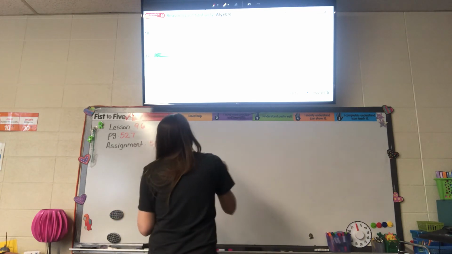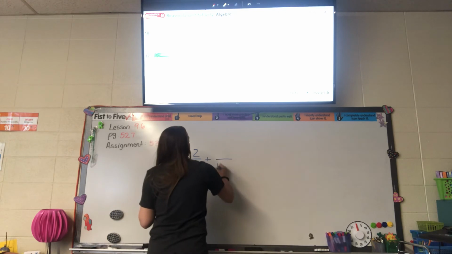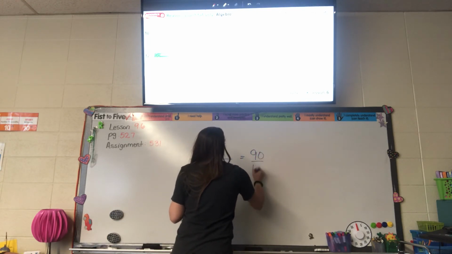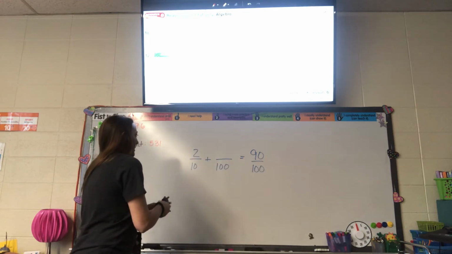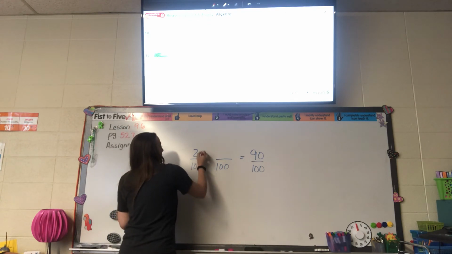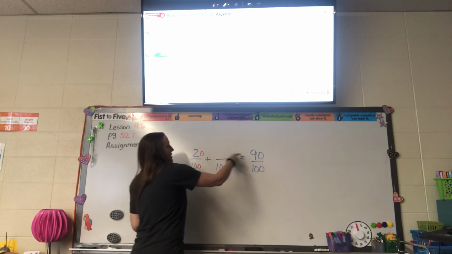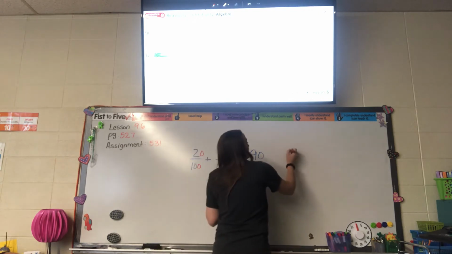The next one is 2 tenths plus some amount of hundredths will give us 90 hundredths. So the first thing that we have to do is turn this guy into hundredths, right? So we're going to go ahead and do that. So 20 plus something gives us 90. Well, if you're not sure, you can always find the difference.